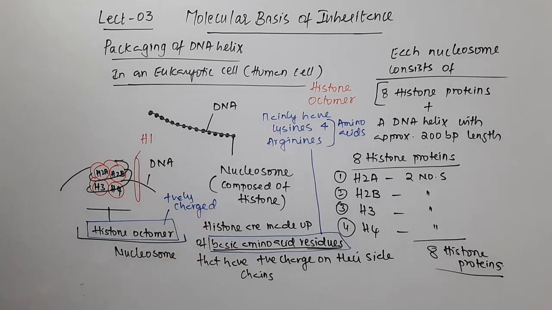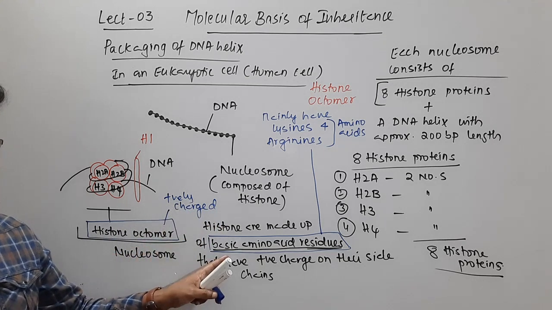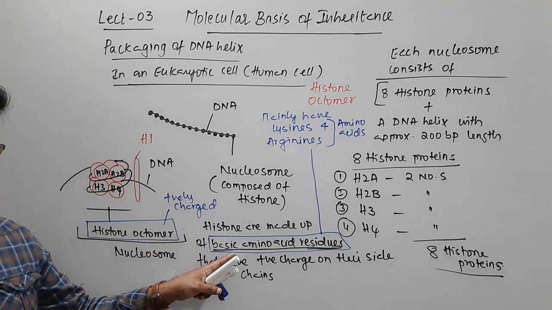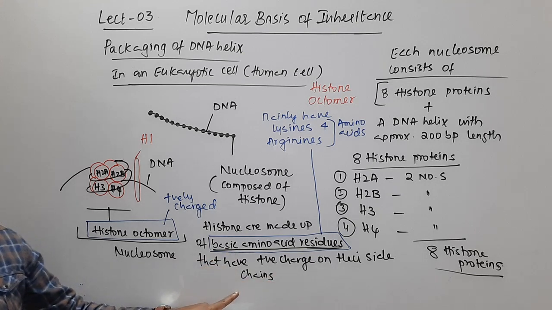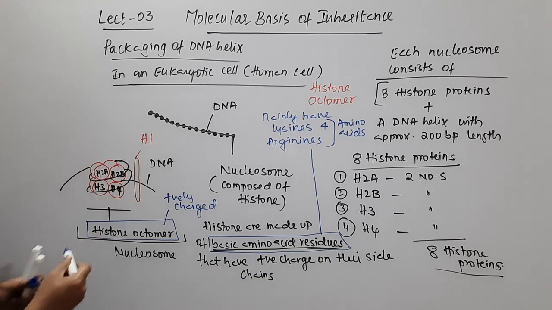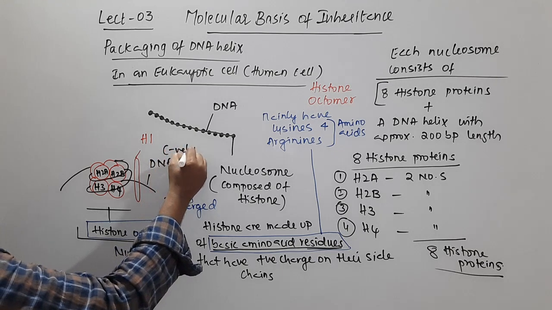The positive charge is due to the presence of those basic amino acid residues that have positive charge on their side chains. And we already know that DNA is negatively charged.